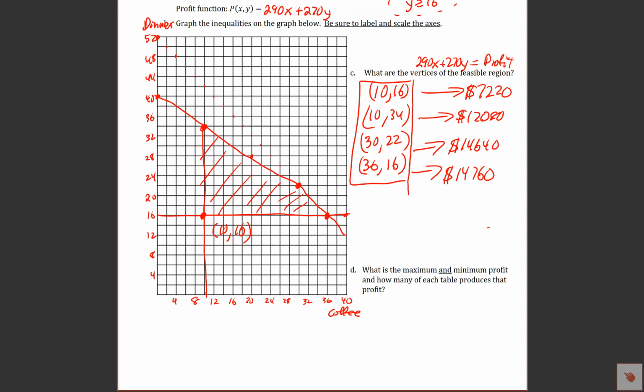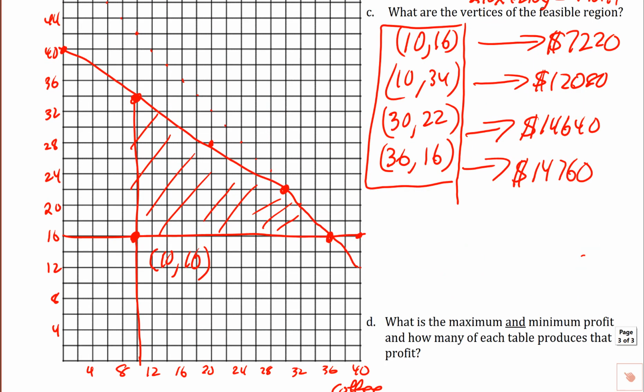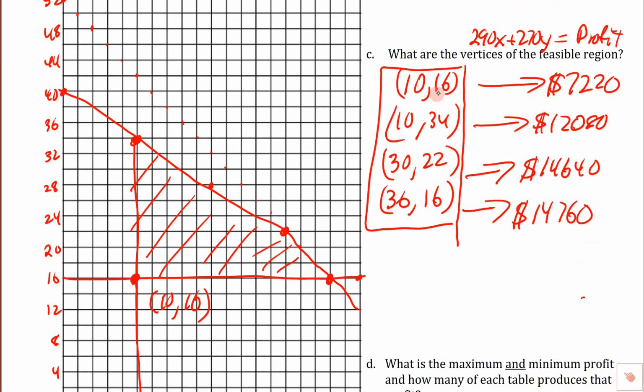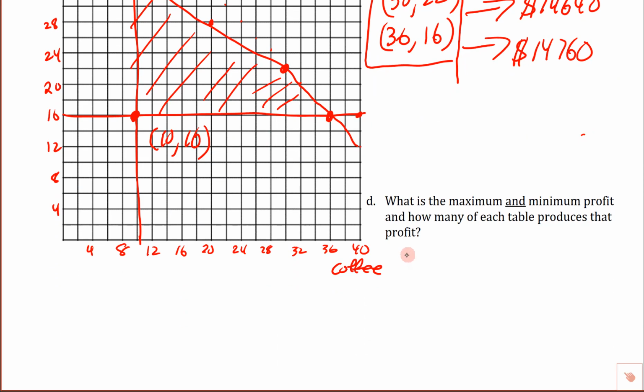So that's where they produce the maximum profit. So I'm going to go ahead and enlarge this right here, and let's write down what the answer is. So the answer on this one was 10 coffee tables and 16 dinner tables produced $7,220. Okay, so min of $7,220 when they make 10 coffee tables and 16 dinner tables.